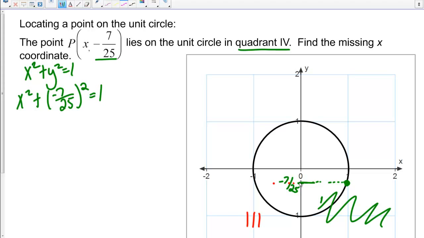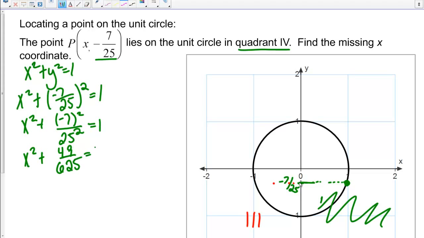And then this is just solving an equation, so we want to solve for x. So x squared plus, again, negative 7 squared over 25 squared equals 1. So x squared plus 49 over 625 equals 1. Then we're going to move this over to this side.